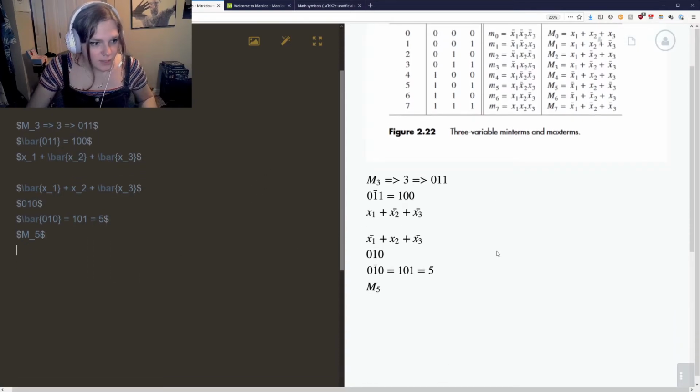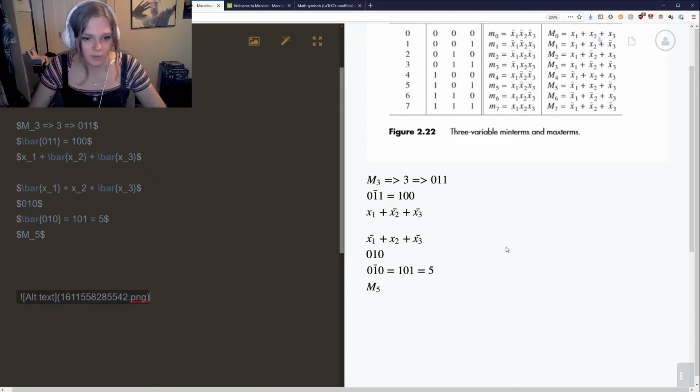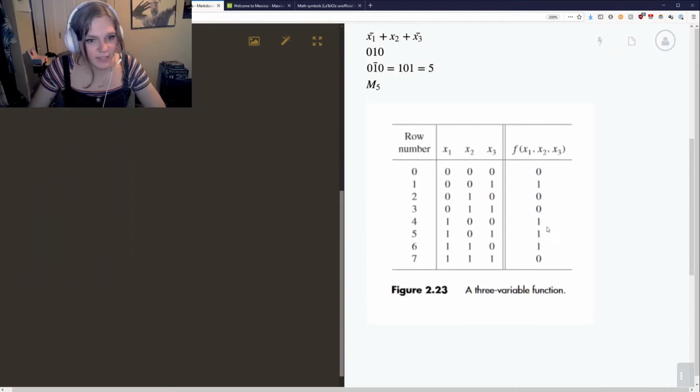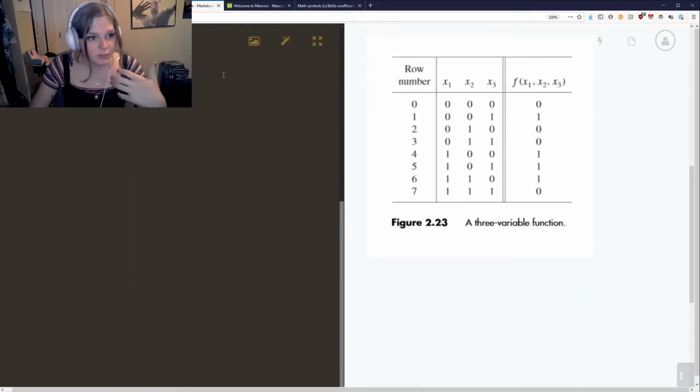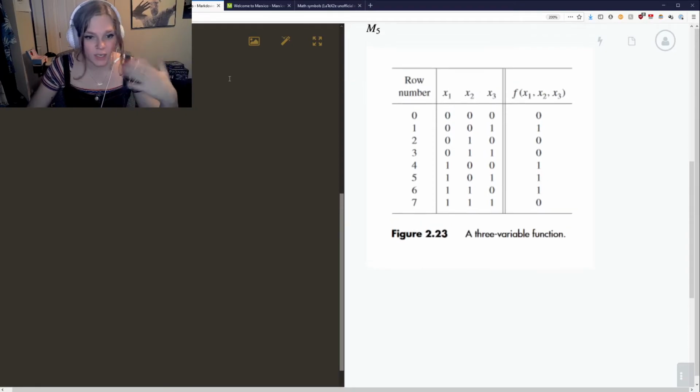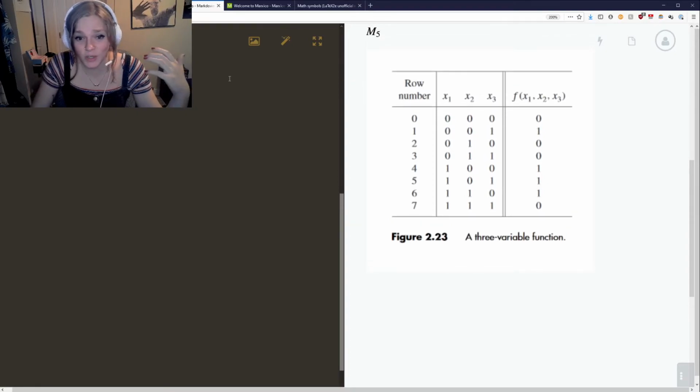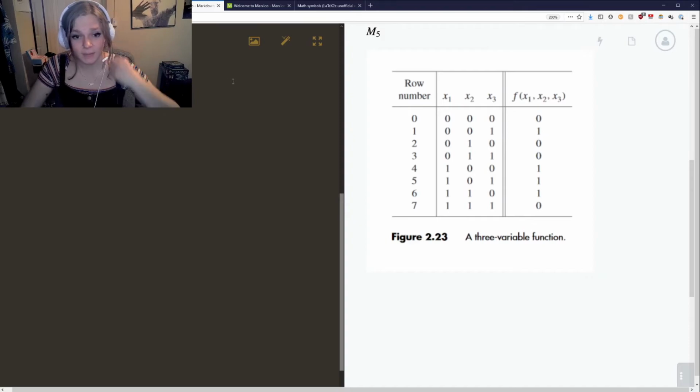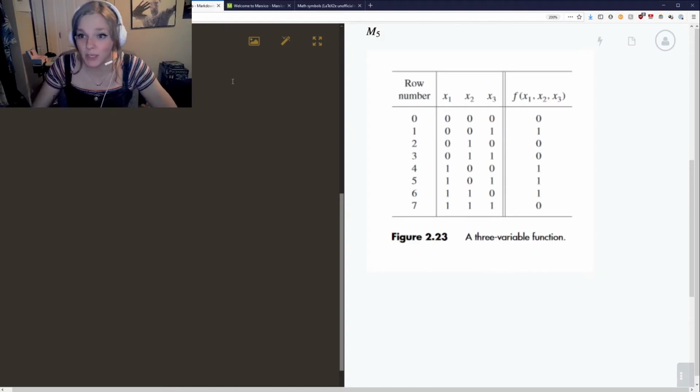Alright, so let's move on to what you can do with max terms and how we design around them. So this is a truth table for just a 3-variable function. I'm not sure what the function is, but that's not really what matters. We want to take this truth table and turn it into a Boolean function.